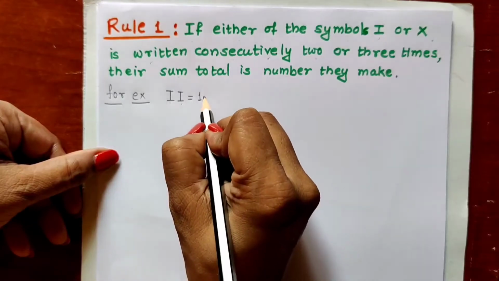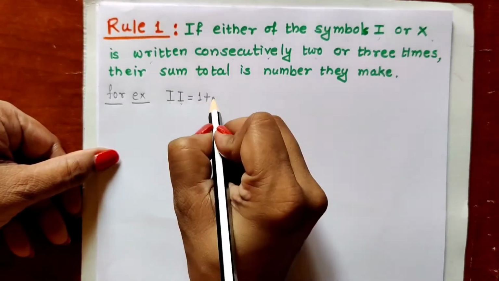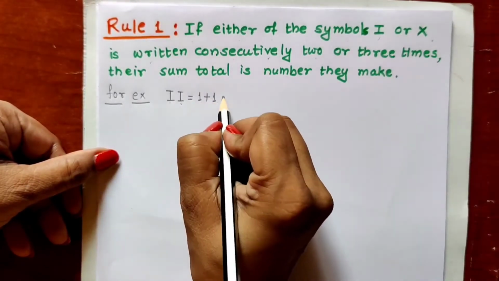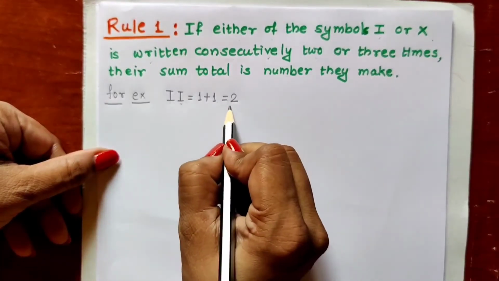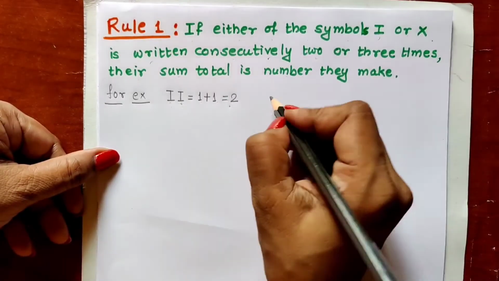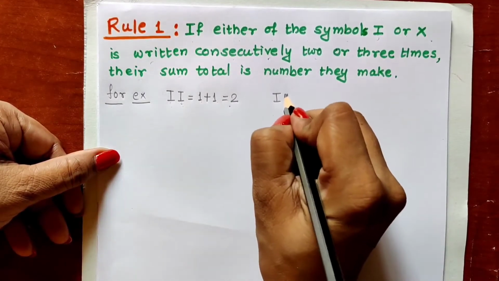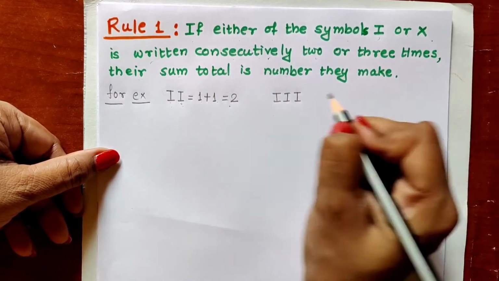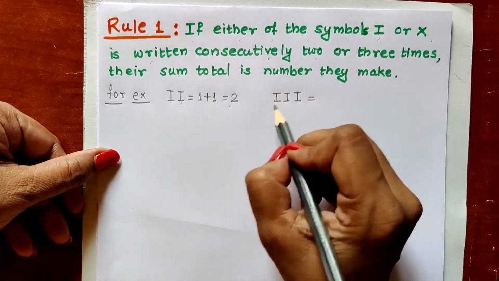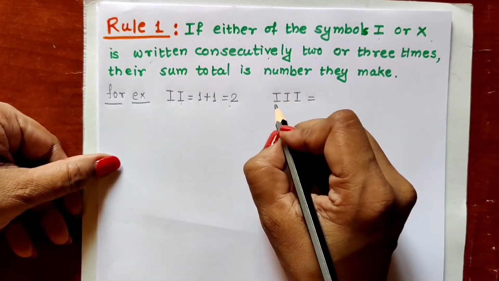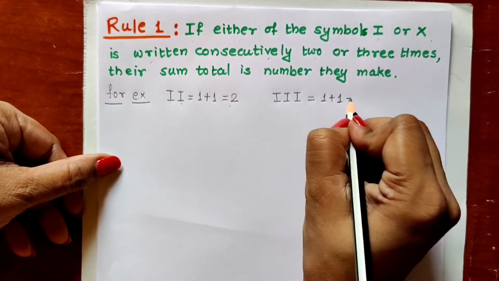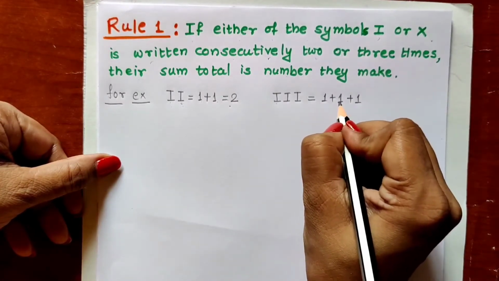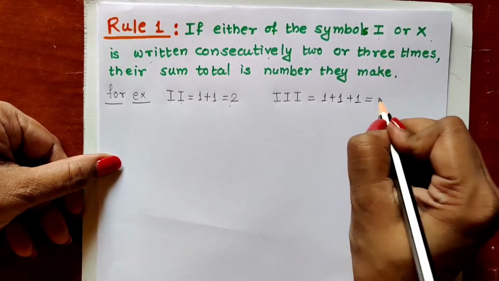Sum total means their addition, plus this second I means again 1. So 1 plus 1 is equal to 2. So I written 2 times means it is 2. If I is written 3 times, then which number will it make? This I means 1, second I means 1, third I means 1. 1 plus 1 plus 1 will be equal to 3.